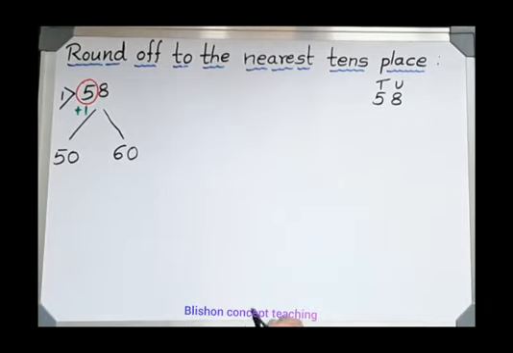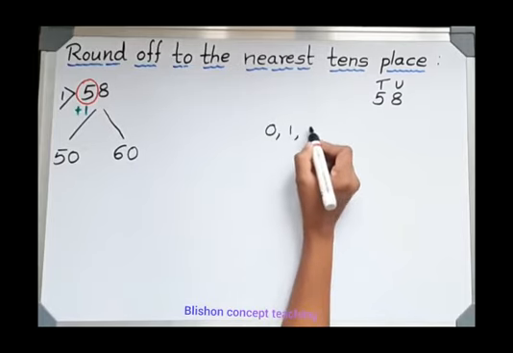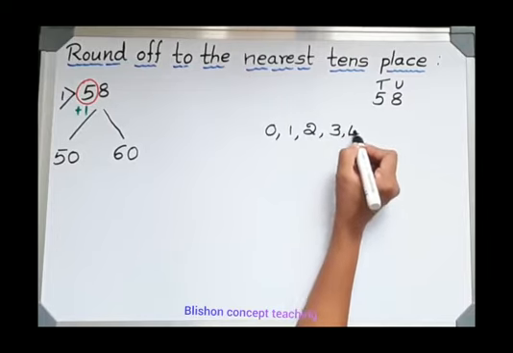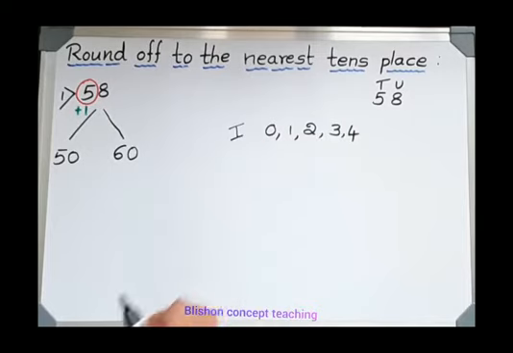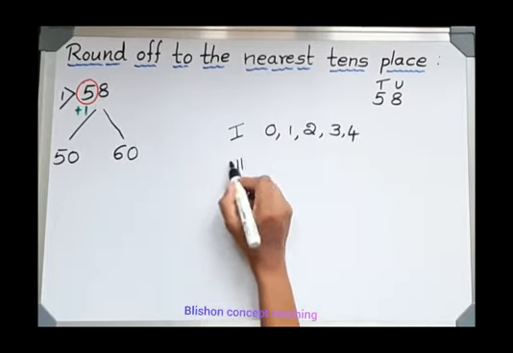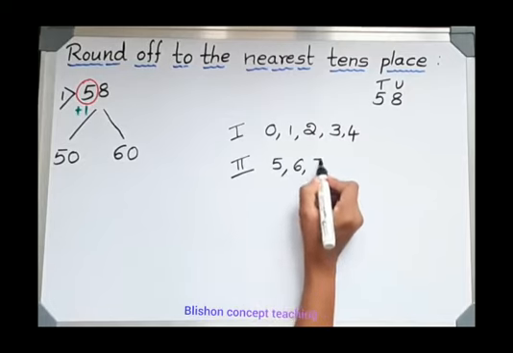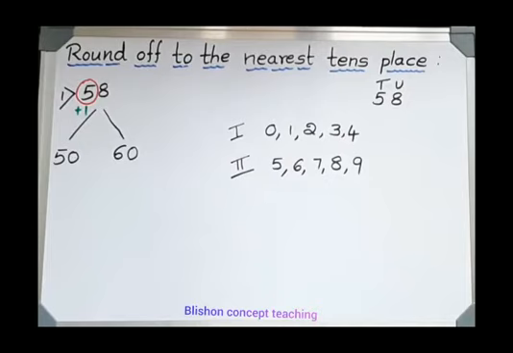To find out that, there is a rule. First, let's see the rule. 0, 1, 2, 3, 4. It will become group 1. And the second group is 5, 6, 7, 8, 9.